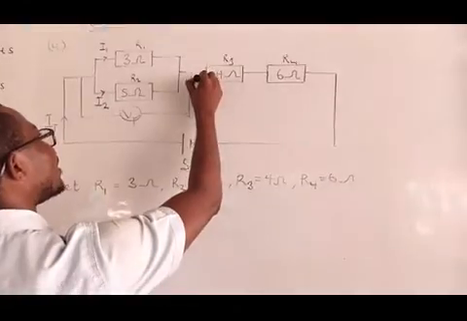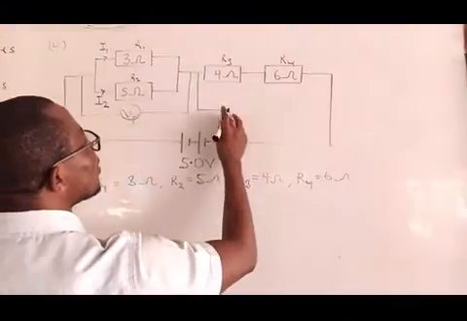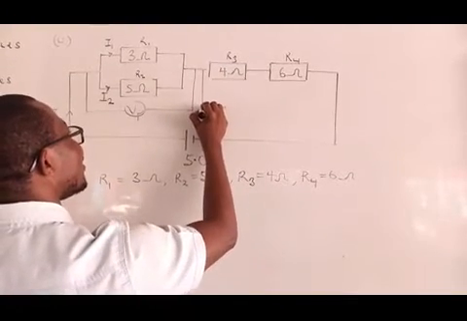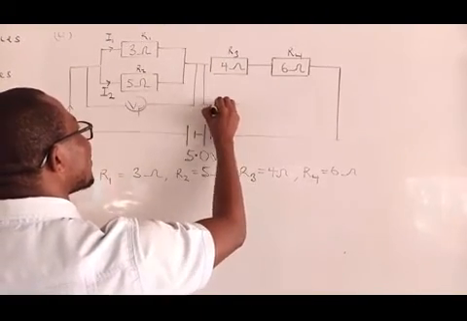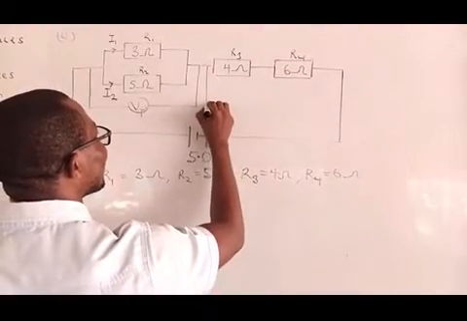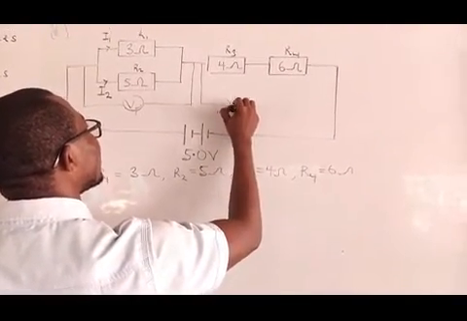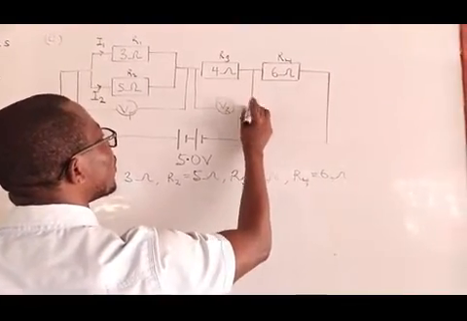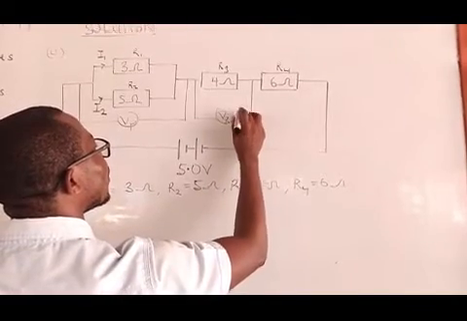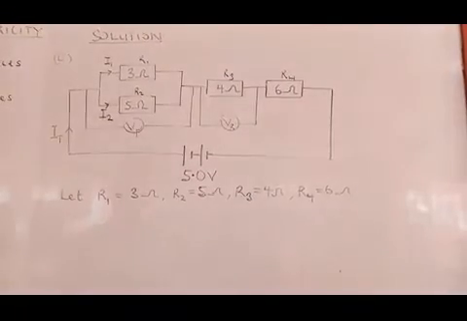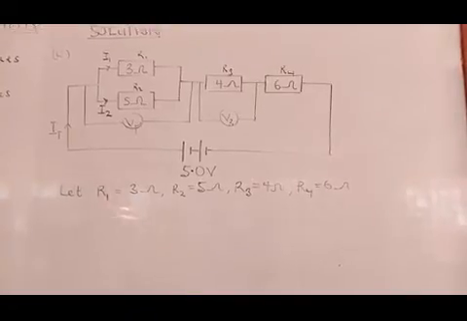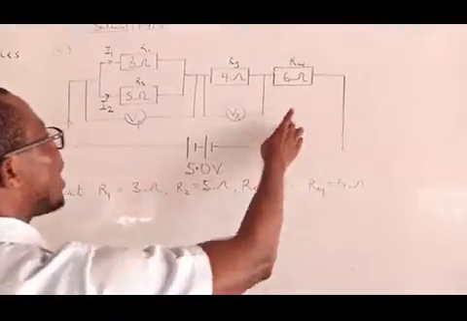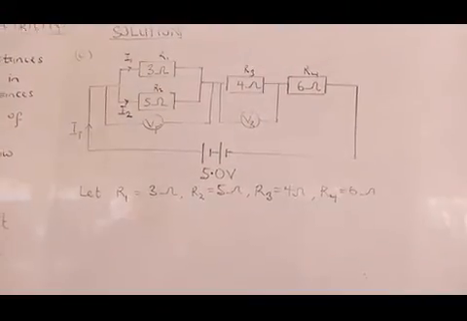So the 4 ohm resistor, we labeled it as R3. So let's say the voltage across this one is V3. Nothing was said about you finding the other voltage. If you were supposed to find it, you would have labeled it as V4 because the 6 ohm is R4.